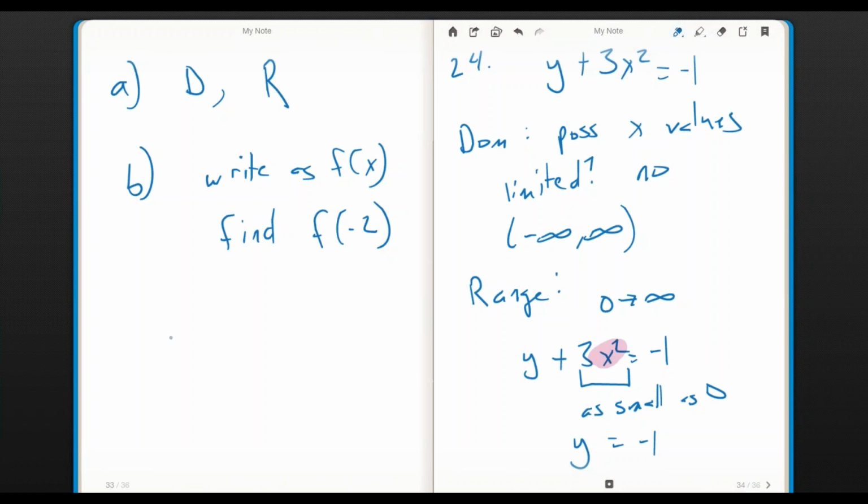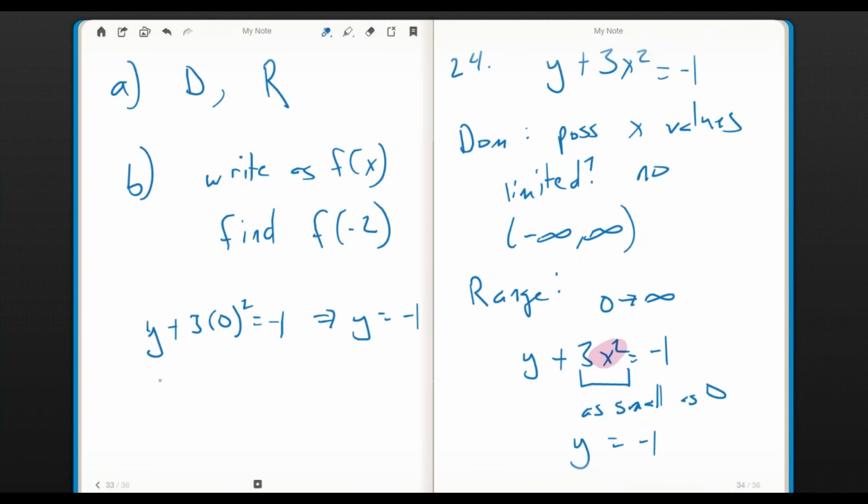Okay, so think about this a second. If y plus 3 times 0 squared is negative 1, then of course that tells us that y is equal to negative 1. If I make x be equal to a positive 1, then I get y plus 3 is a negative 1, and y is a negative 4.